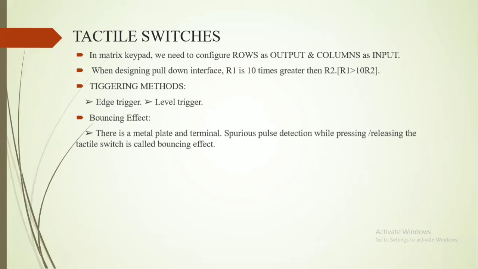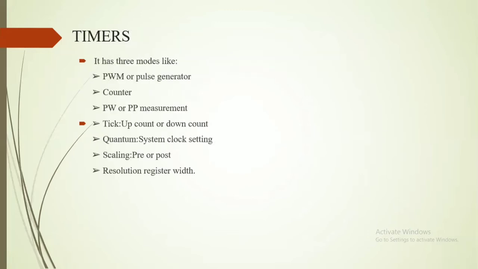The triggering methods can be edge triggered or level triggered. Then we have the bouncing effect. There is a metal plate and a terminal in the tactile switches. The spurious pulse detection while pressing or releasing the tactile switch is called the bouncing effect.